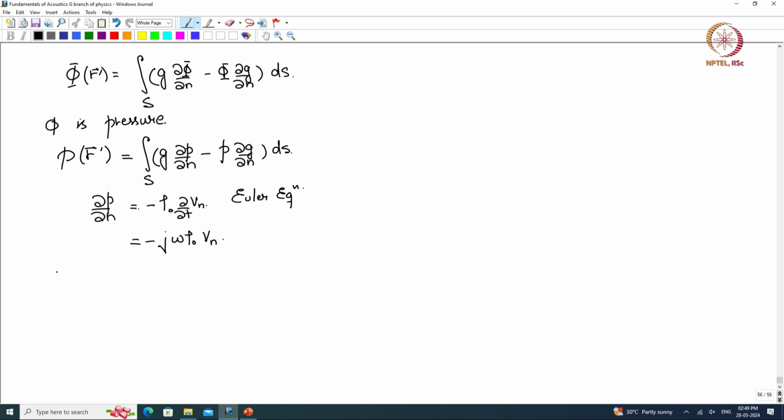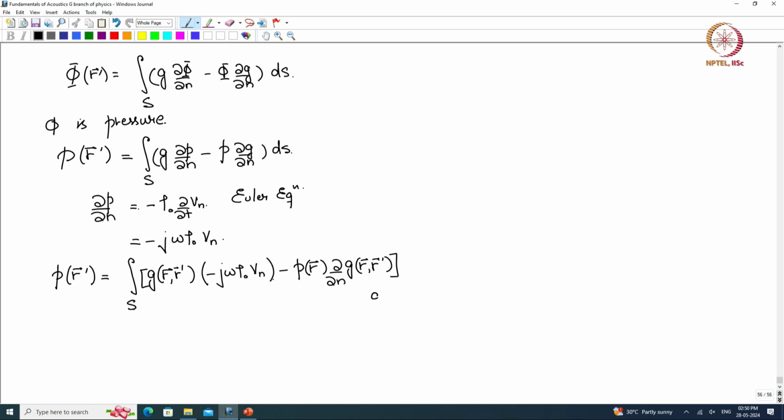So what I now have is pressure at a location r dash is the integral over the surface of g(r, r dash) times del p del n, which is minus j omega rho 0 Vn, minus p, del n of g, dS, which is a function of r.